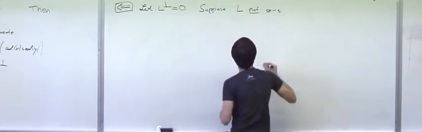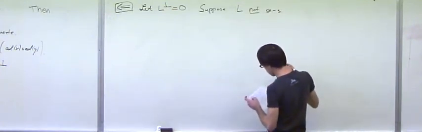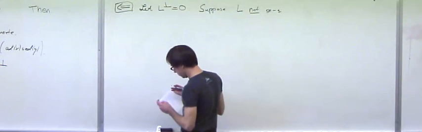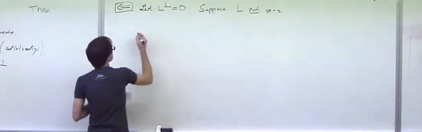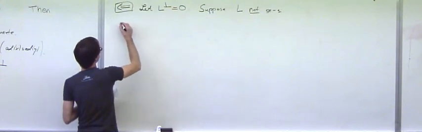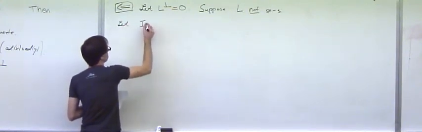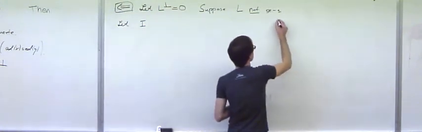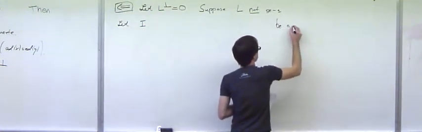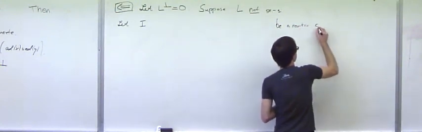And I have to produce a contradiction out of this. So it's not semi-simple, so there is a non-trivial solvable ideal. Say I, be a non-trivial solvable ideal.